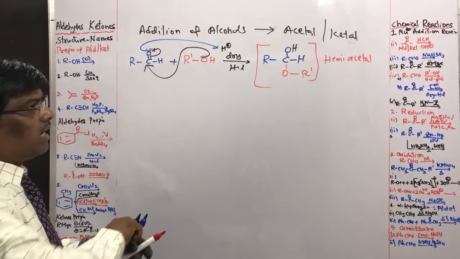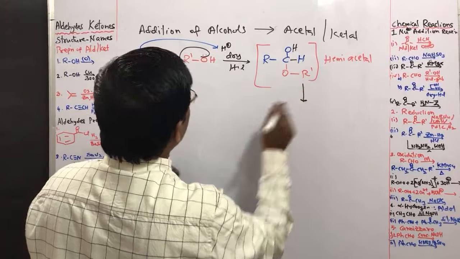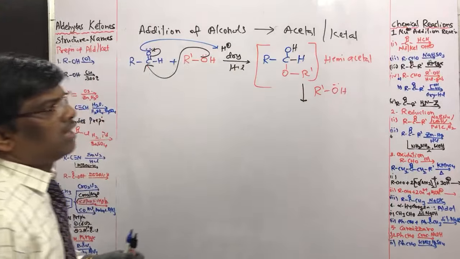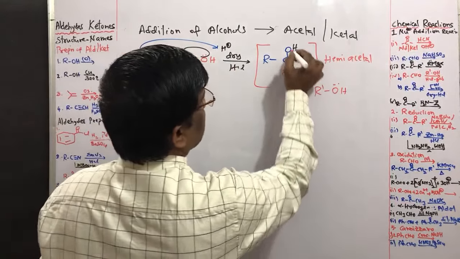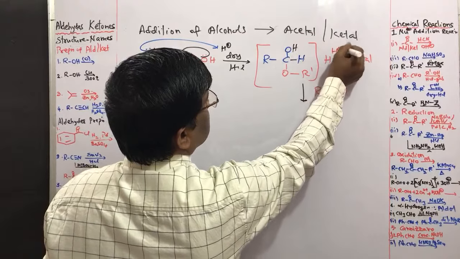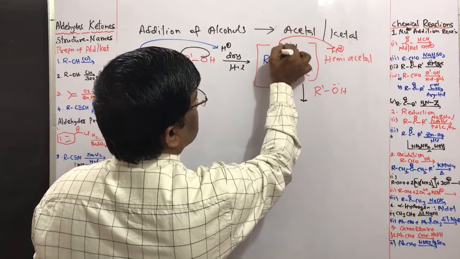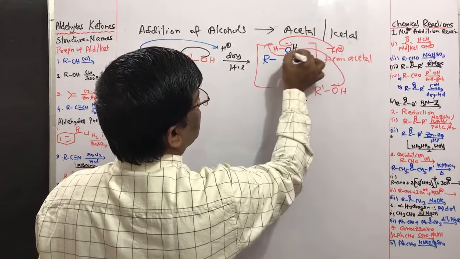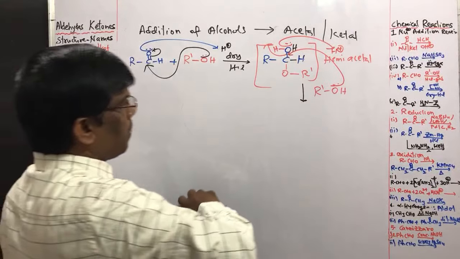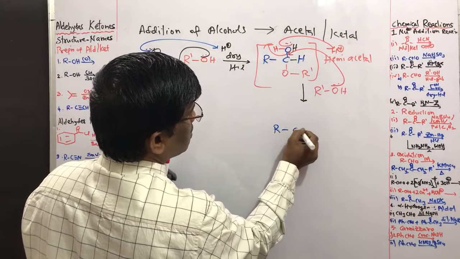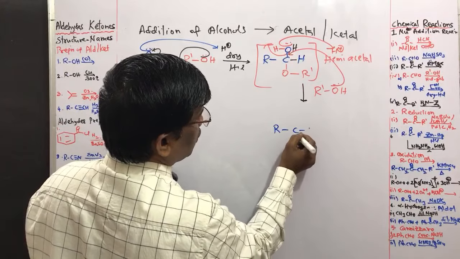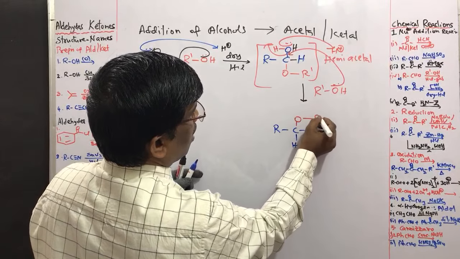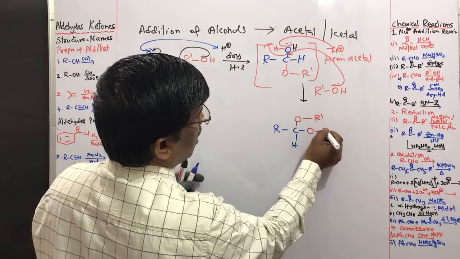This hemiacetal further takes up another molecule of alcohol. The same alcohol, we have to use 2 moles. So this takes up H plus to form a water-like molecule, which goes out, and the alcohol comes in to form R, C and H, and this is OR prime and this is OR prime.